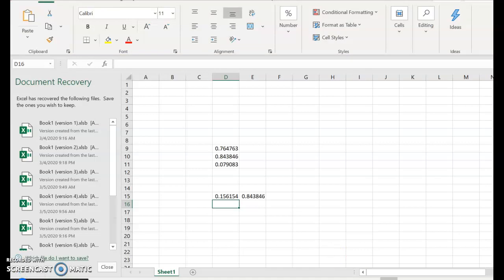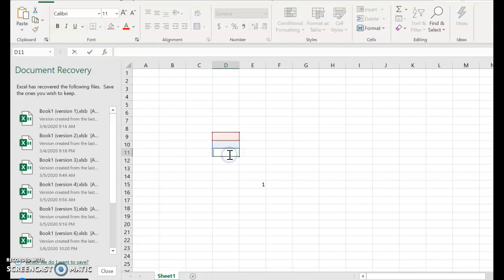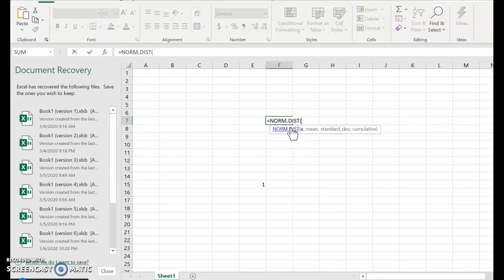So the way you do that is, I'm going to just delete all these numbers so you can see it a little bit better. There's a formula, and it's equals NORM.DIST, and what you do is you put in your x value.